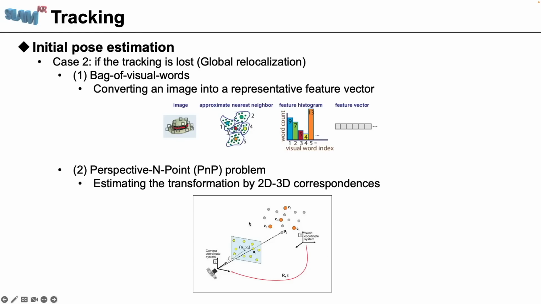So even if we lost the camera tracking, we can recover where the camera pose is right now by using this procedure.